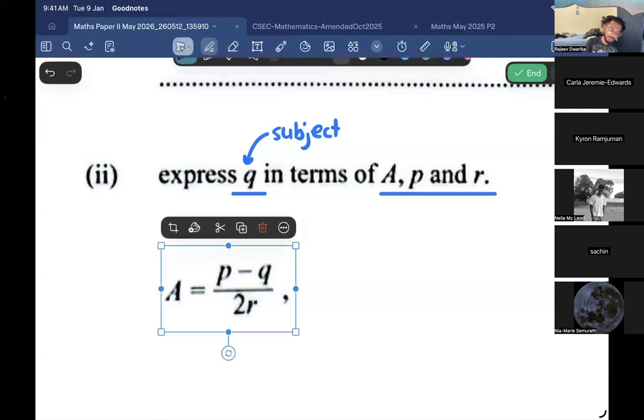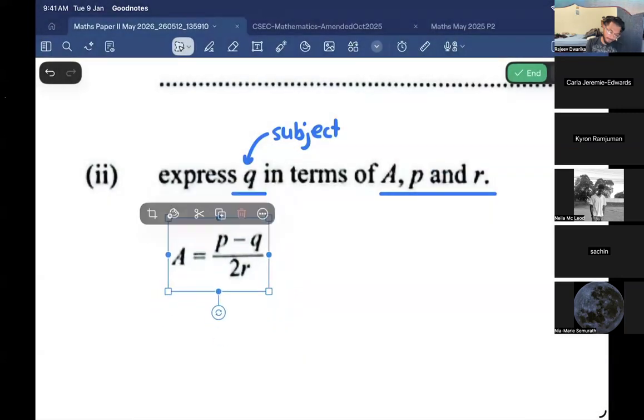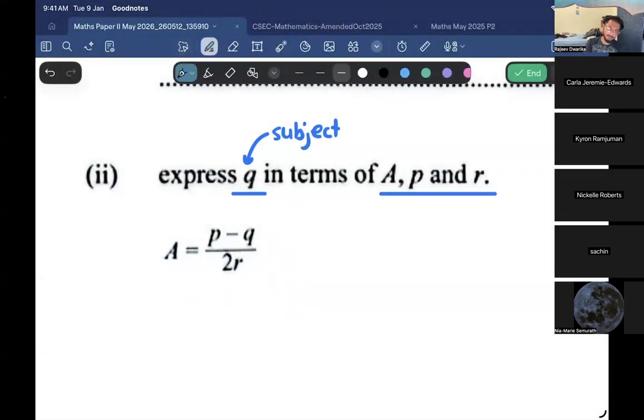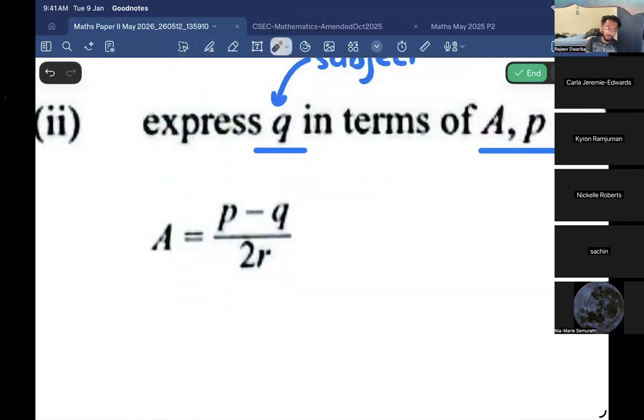Are you like working with fractions? You might say, no sir, I hate working with fractions. So what's the denominator in this question? The 2R.